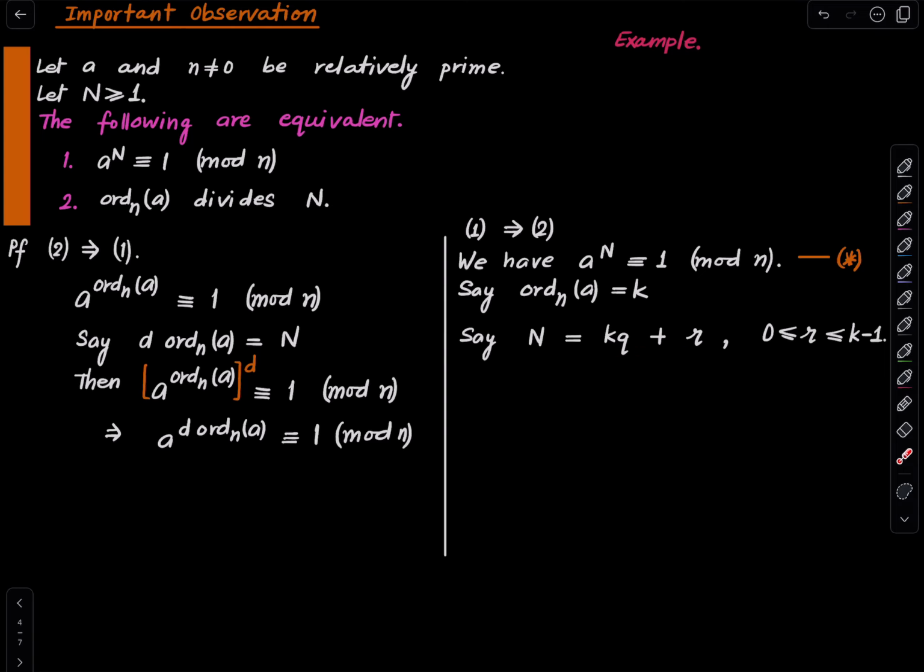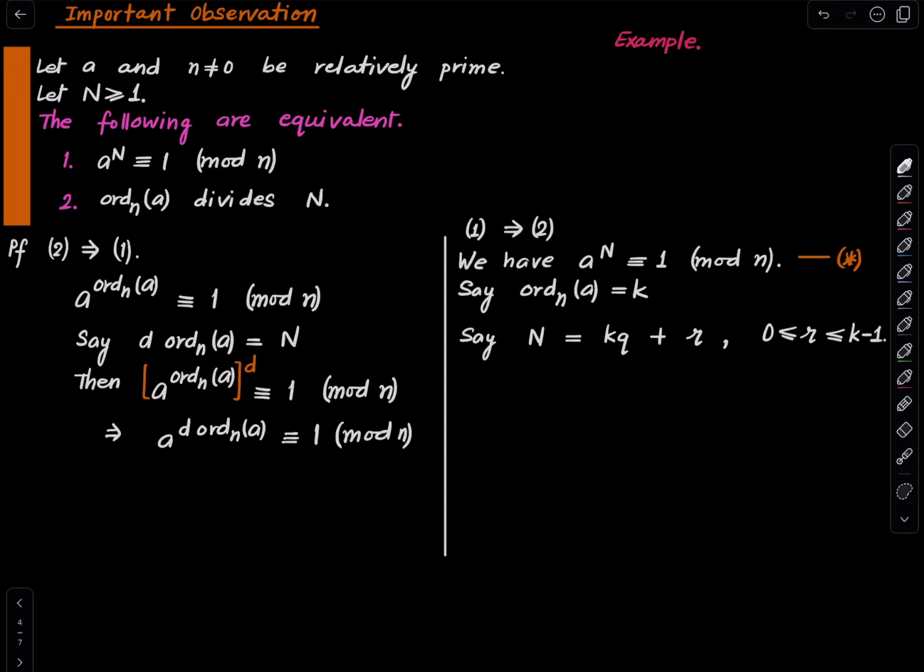Okay, and now by our congruence. Note that since we have taken N to be a positive integer, q will not be negative. So q will be non-negative, but even if q were negative, everything would be fine. There is a subtle point to be made there. But for now, let's look at the proof with the observation in mind that q is non-negative.